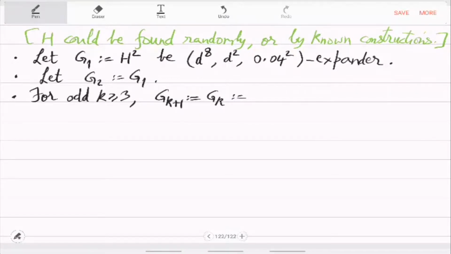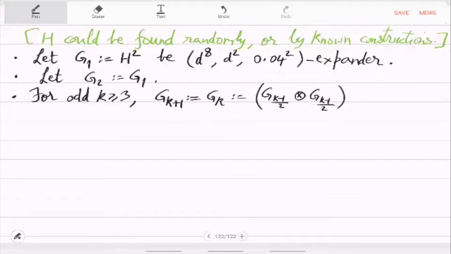We will do the construction recursively. So, you actually go down to (k minus 1) by 2 and take the tensor product with itself.